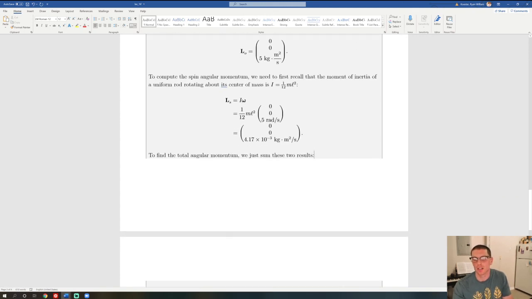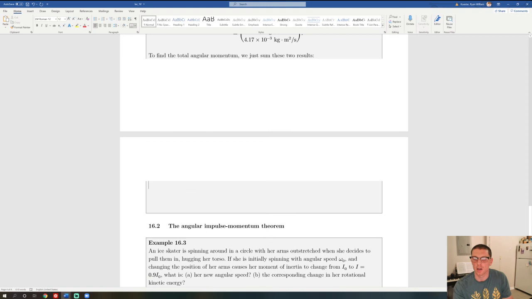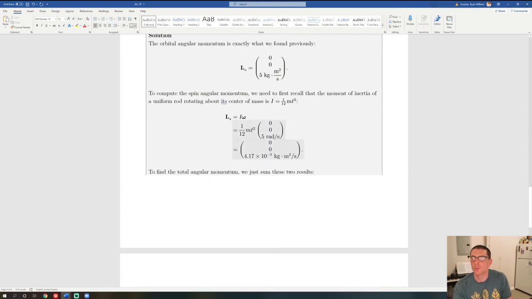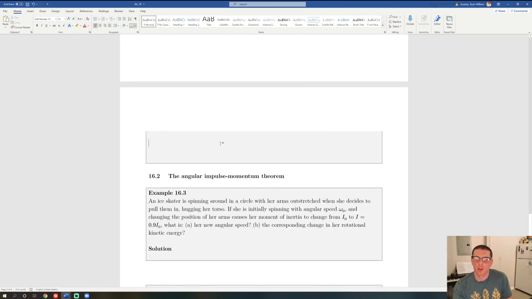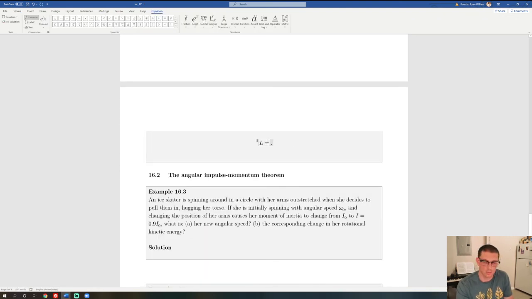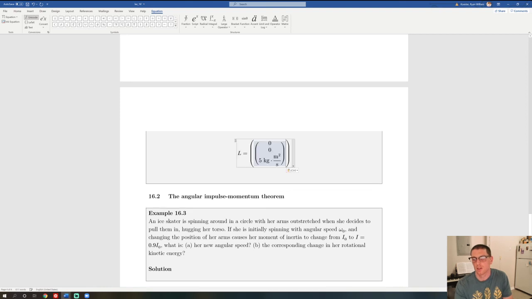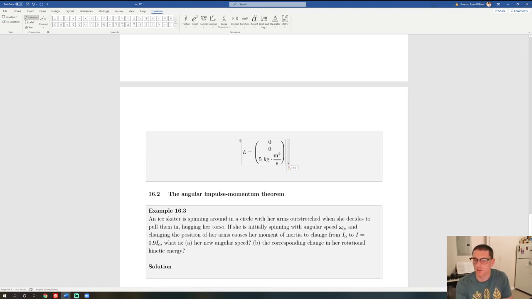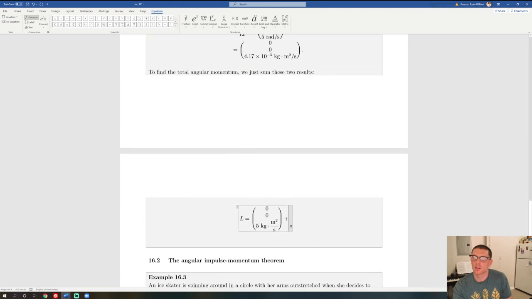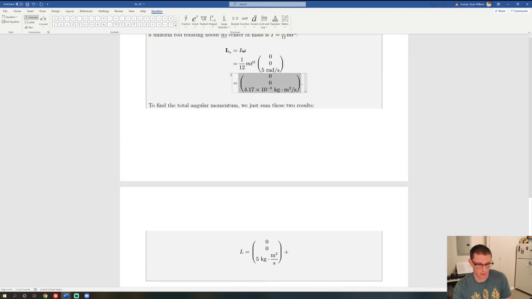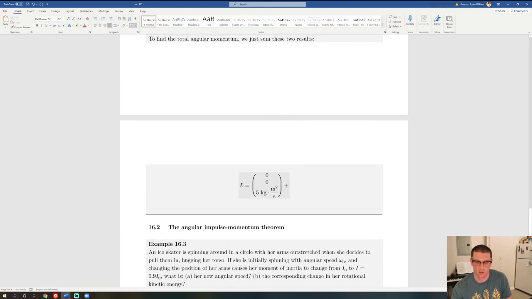I don't think I'll do the numbers here because this is actually going to be a very small contribution, but we would find that the total angular momentum is just this, plus this. And there you go. Whatever number you find, it's going to be the answer there.